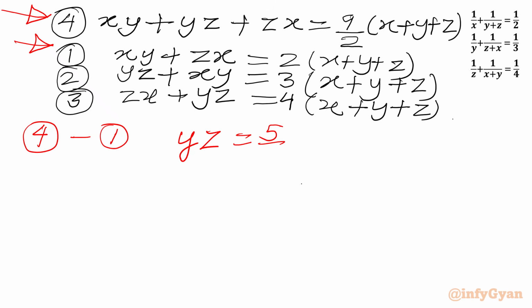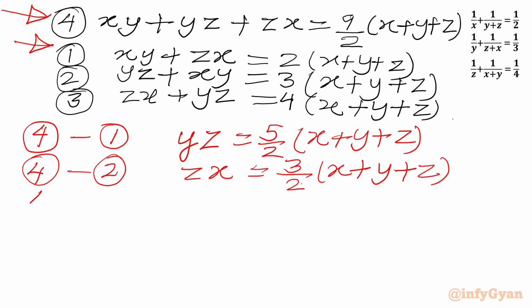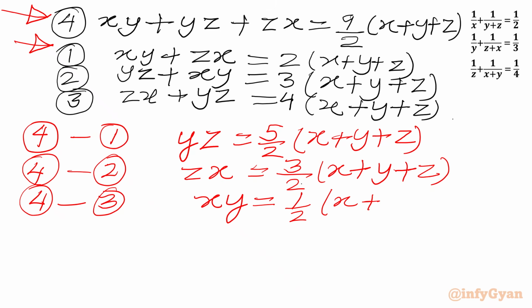We can write 5 over 2 times x plus y plus z. Now we will perform operation 4 minus 2, which will become zx equal to 3 over 2 times x plus y plus z. And if we will perform 4 minus 3 operation, we are going to get xy, which is equal to half times x plus y plus z.